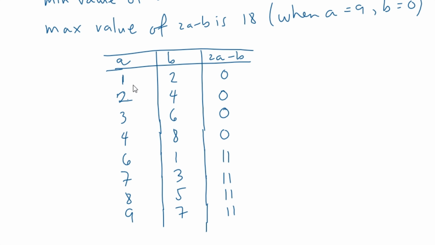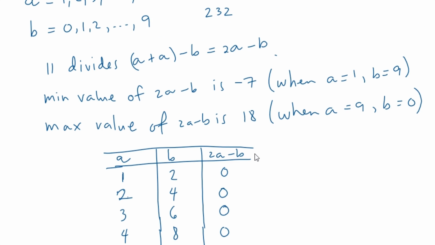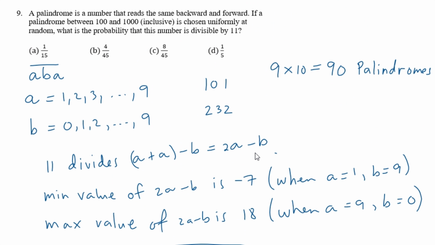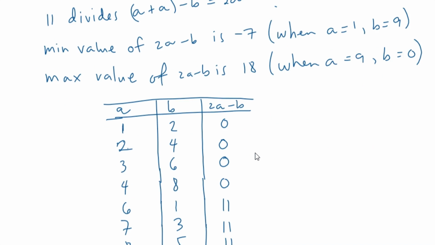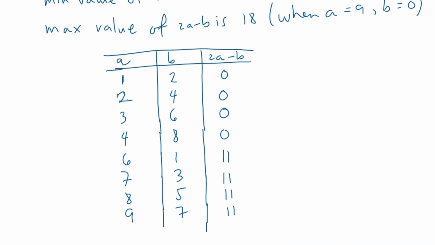So these are the possible combinations of values for A and B, for which 2A minus B is either 0 or 11, or 2A minus B is divisible by 11. So of the 90 palindromes between 100 and 1000, there are 1, 2, 3, 4, 5, 6, 7, 8 palindromes which are divisible by 11.